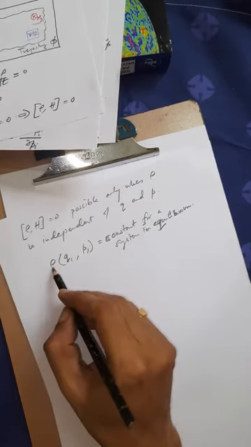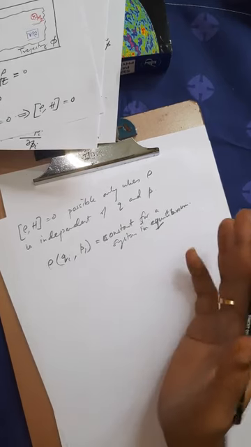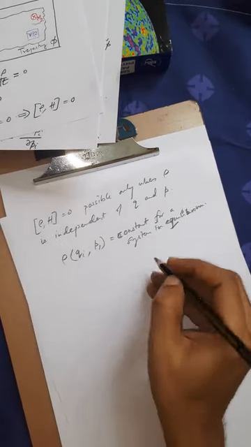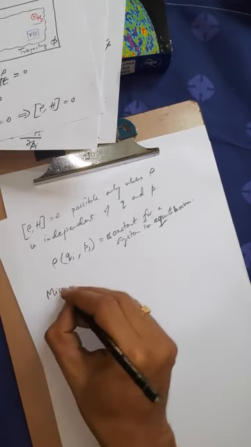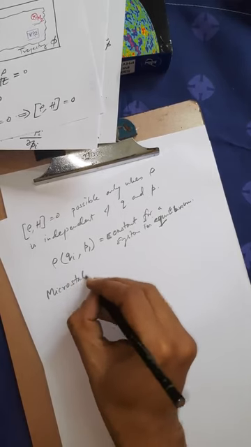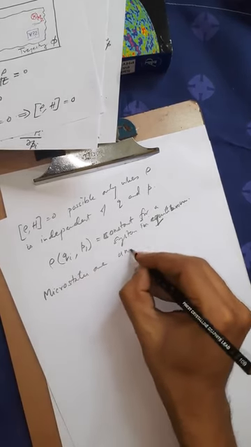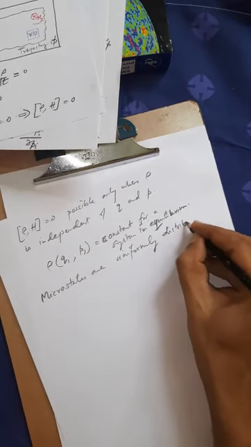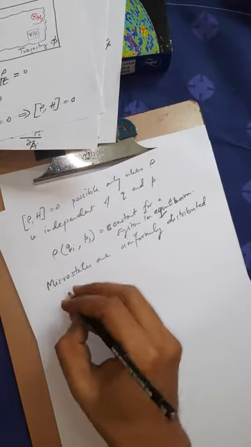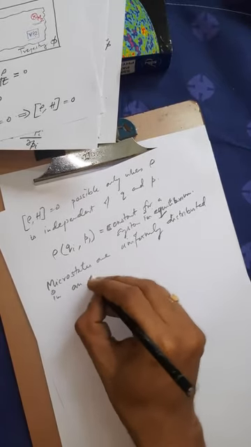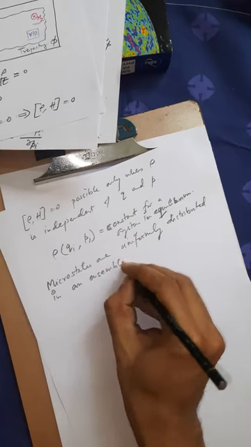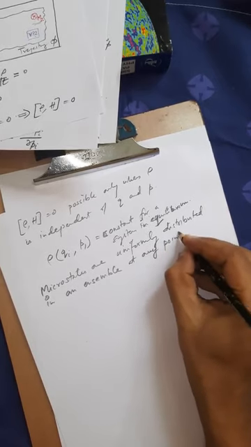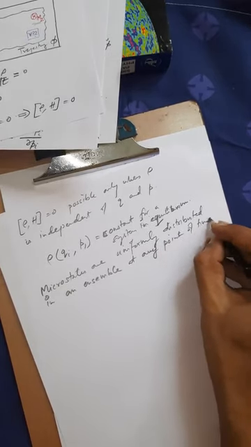This means the density of microstates is constant, so I can now write down a strong statement: microstates are uniformly distributed in an ensemble at any point of time.